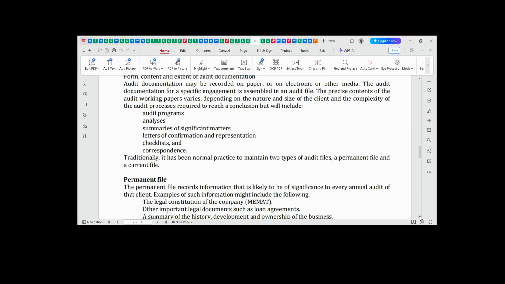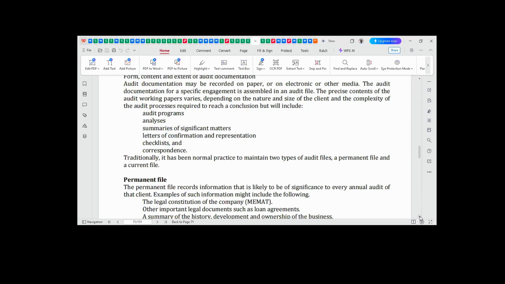Because the information rarely changes. So the information contained in the permanent audit file does not change, because of its nature.